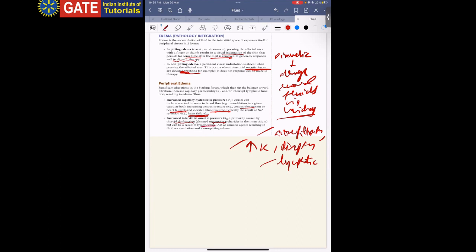Whenever there is a lymphatic system disruption or abnormality, that can cause less removal of the fluid as well as the proteins from the interstitium area, and that can cause the increased filtration. And these increased proteins can result in the fluid accumulation, ultimately the non-pitting edema.